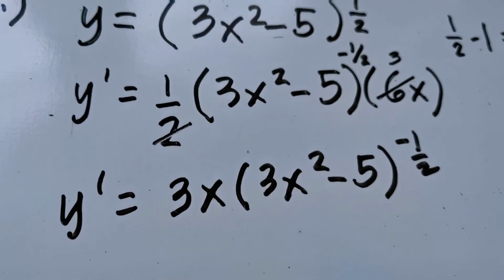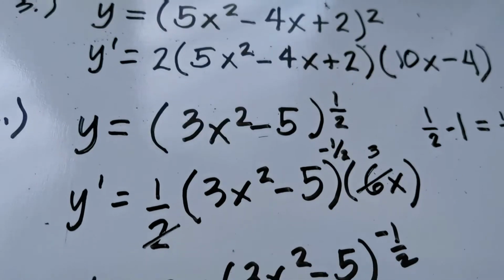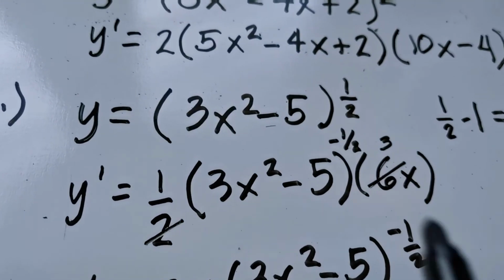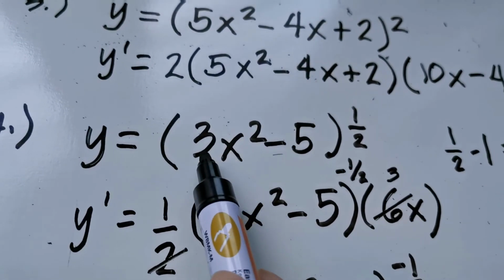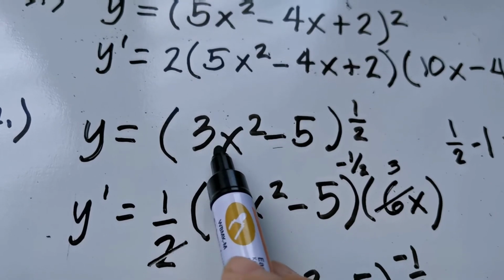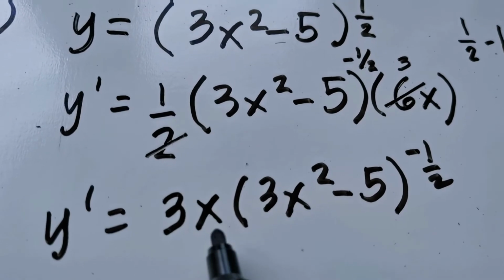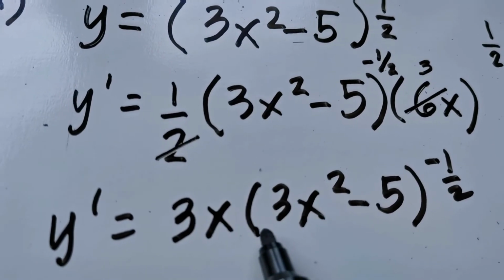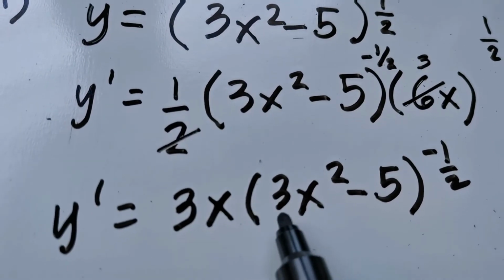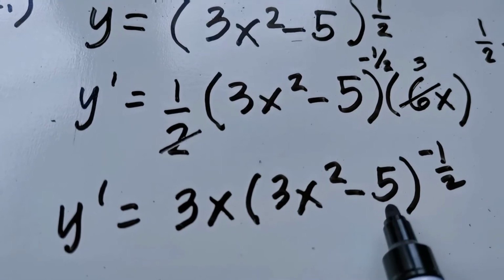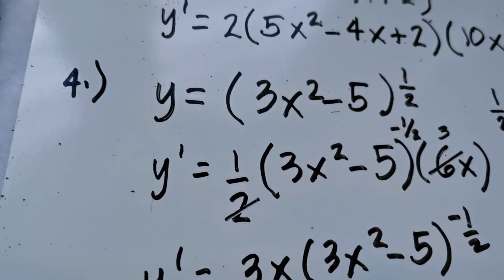So that is our final answer, the derivative of the quantity of 3x squared minus 5 raised to 1/2 is 3x times the quantity of 3x squared minus 5 raised to negative 1/2.